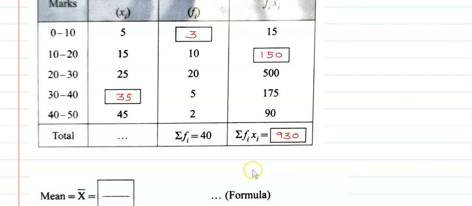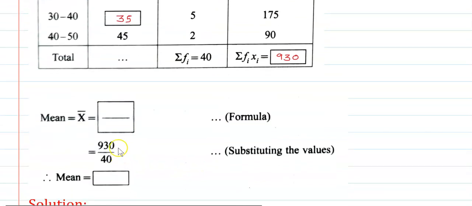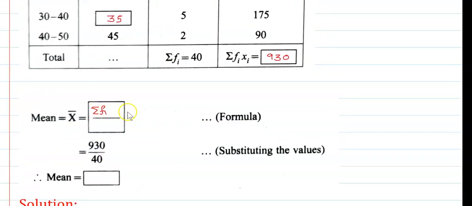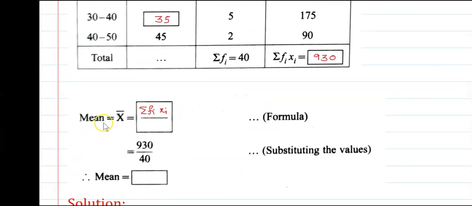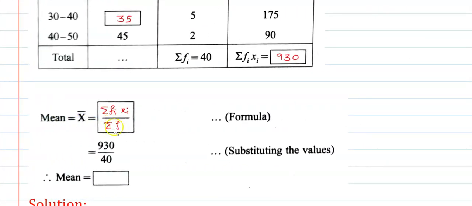Okay. And therefore the mean is equal to, what is the formula? Summation fi xi upon summation fi. Therefore 930 upon 40, and if we simplify it, this 0 gets cancelled, and here you will get 4 1s are 4, 4 2s are 8.